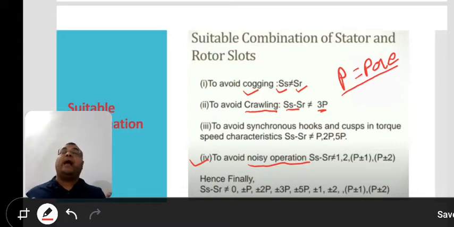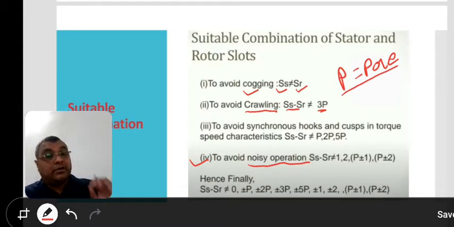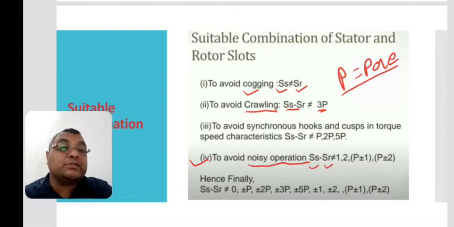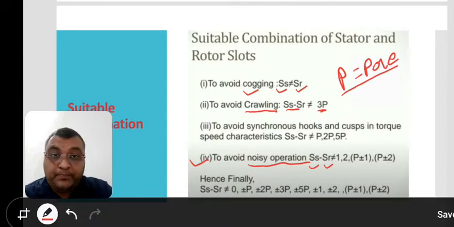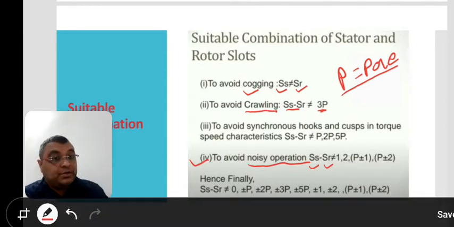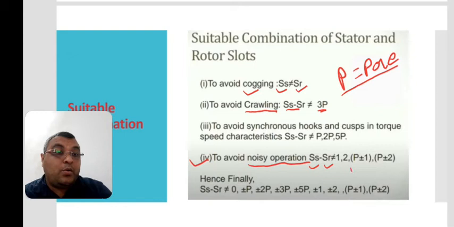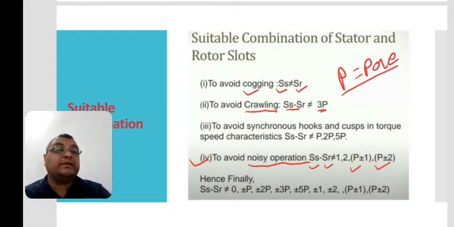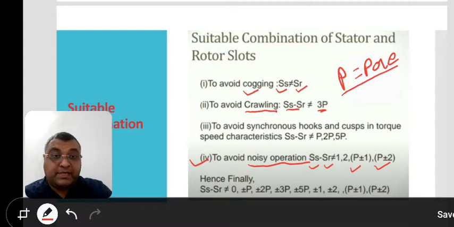To avoid noisy operation, you have to keep in mind the condition that stator slot minus rotor slot does not equal 1, and it does not equal 2. Two more conditions are also there, that is P plus or minus 1 or P plus or minus 2. So those are the conditions to avoid noisy operation.